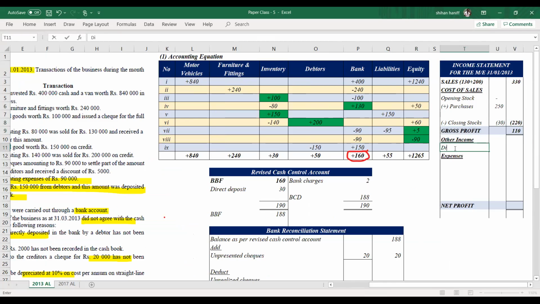Then other income, discount received 5,000, and the 90,000 is operating expense. Right. So income and expenses we have to take from here in the equity column.